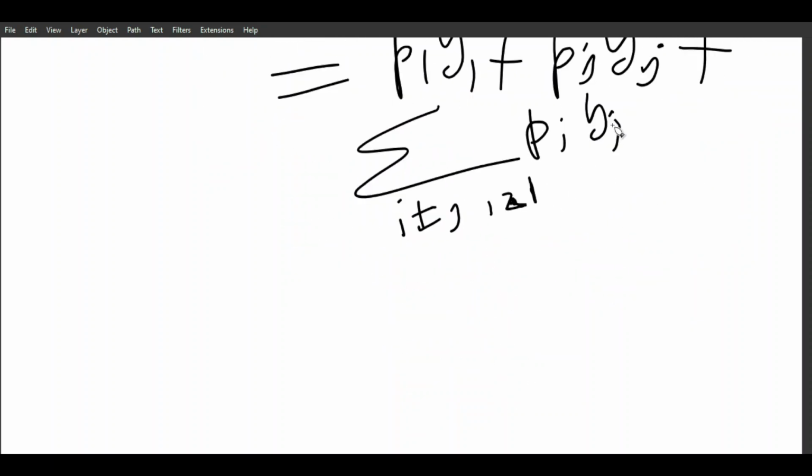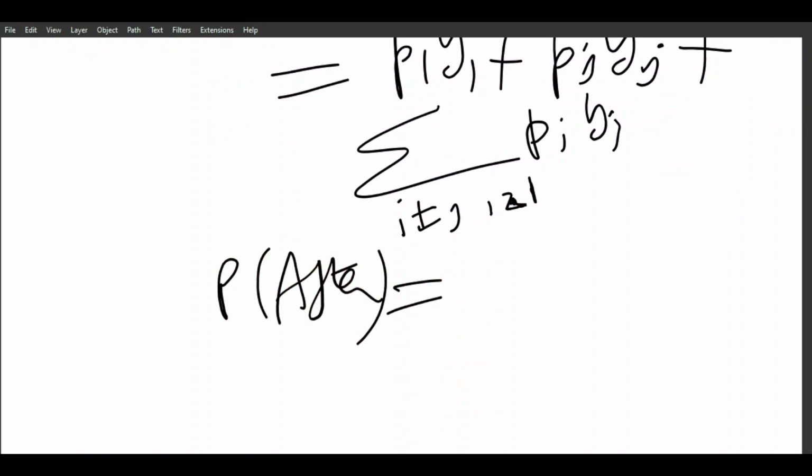Just the next new expression, profit after exchange. So again 3 parts.